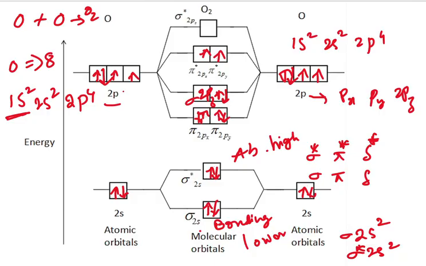The total number of electrons in 2p4 plus 8 electrons, so 6 move into the ground state and pair up, and the remaining 2 move into anti-bonding orbitals.